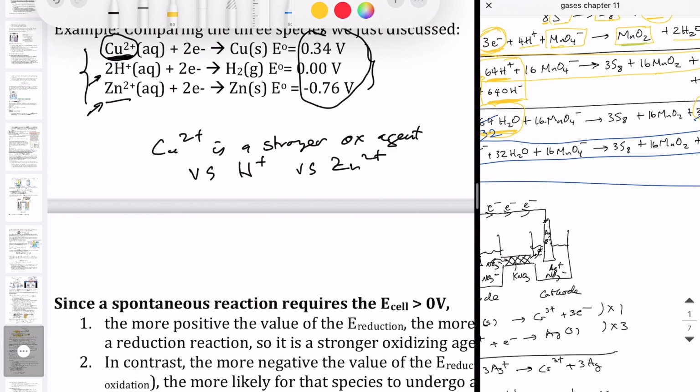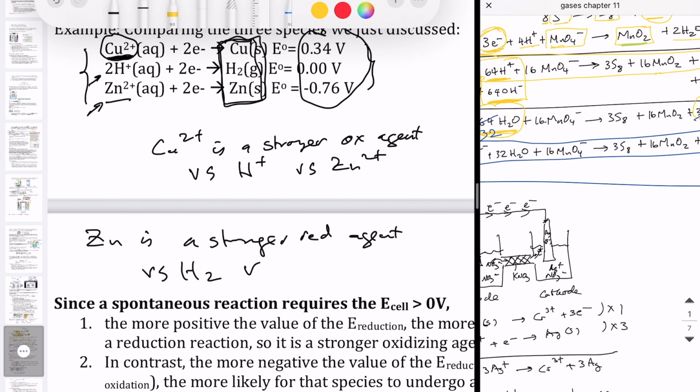Now, what happens if we look at the part that is oxidized? Then everything is flipped. So now I can say that zinc is a stronger reducing agent because it's more likely to be oxidized compared to H2, which is a stronger reducing agent compared to copper. So keep in mind what we're comparing every time.